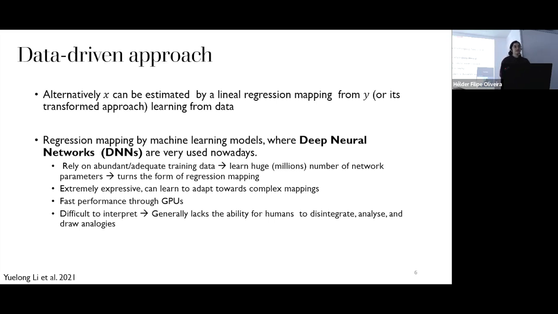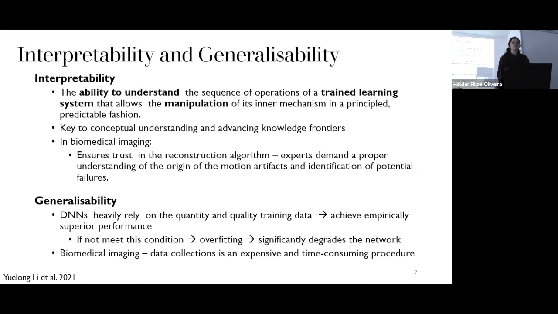They are extremely expressive, because they can adapt to complex patterns or complex mappings. Nowadays we are able to use them because we have GPUs, but they also tend to be difficult to interpret, because we generally lack the ability to understand, disintegrate, analyze, and draw analogies of what pattern is happening.